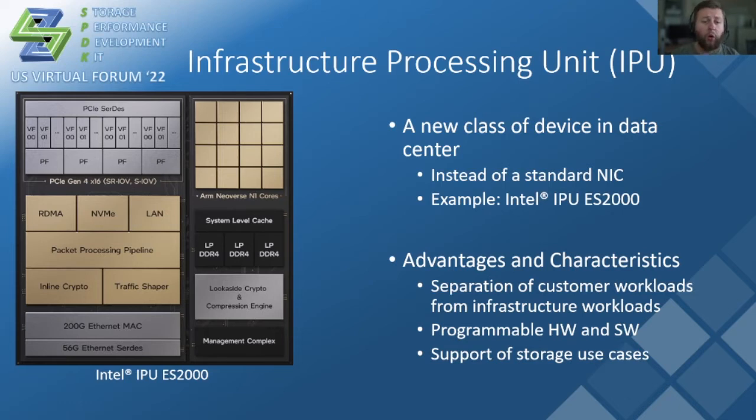On the left is a simplified diagram of one example of such a device. Here in particular, it's the Intel IPU ES2000. The exceptional part is that it contains general purpose processing power as well as hardware accelerators.